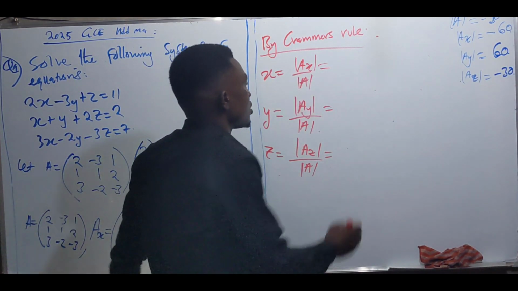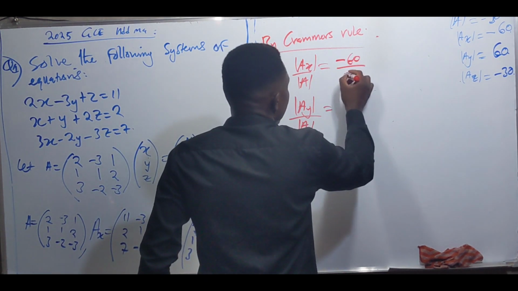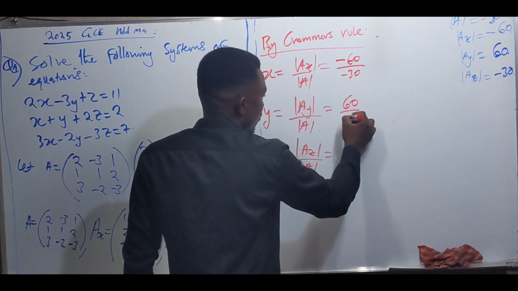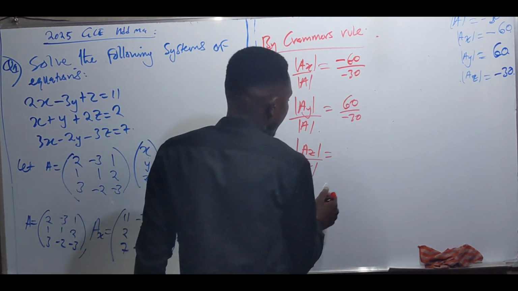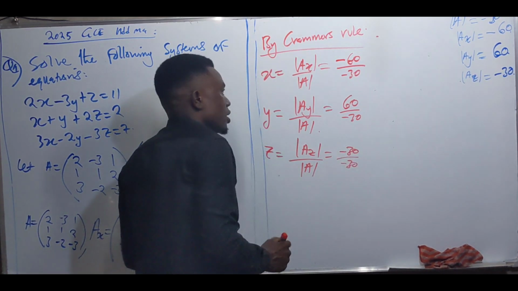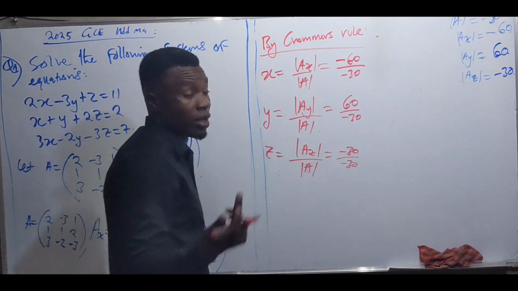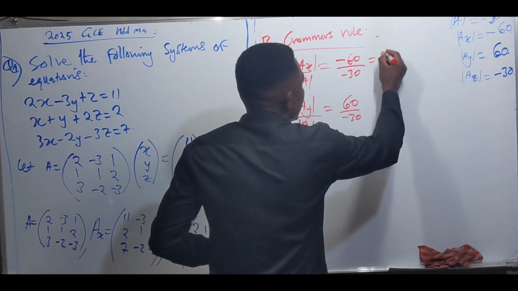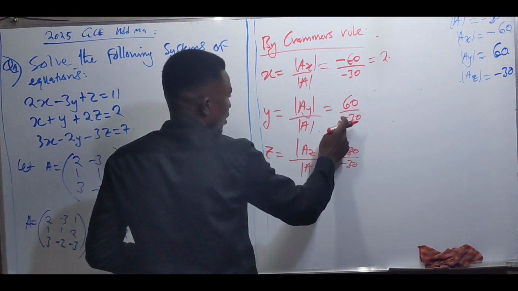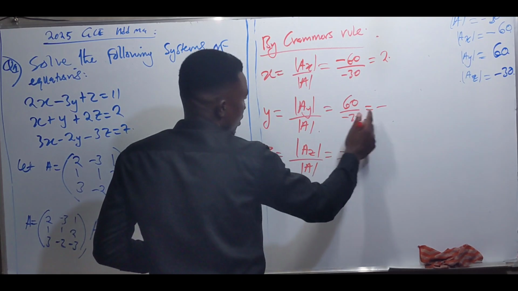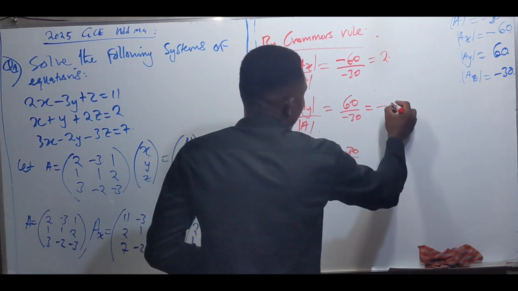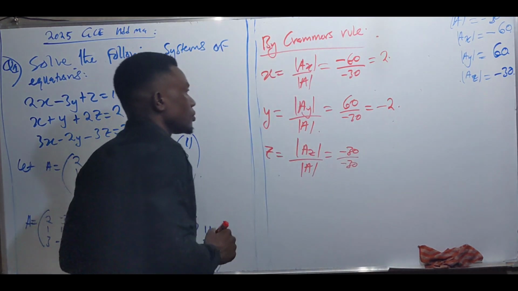Here we had found that this was negative 60 divided by the overall negative 30. The determinant for y was 60 divided by the overall negative 30. Here we have found it was negative 30 divided by the overall, which is also negative 30. So a negative divided by negative is a positive. 30 into 60, we'll get 2. Great. Positive 2. Here, positive divided by negative is basically a negative. 30 into that, we'll get a negative 2.